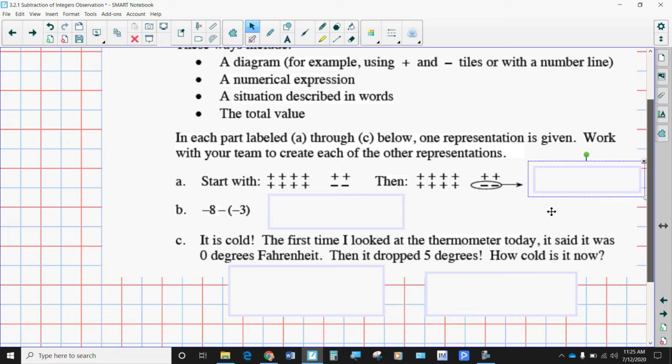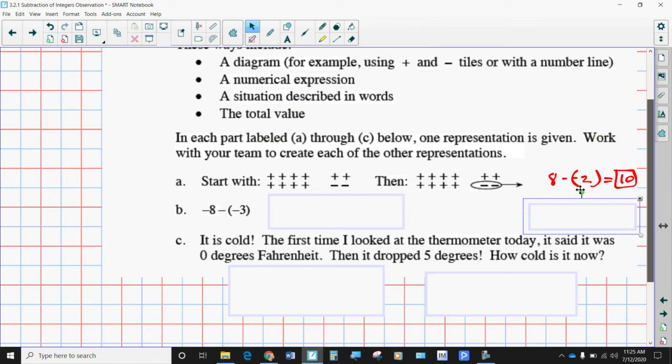So we started with 8, we took away 2 negatives, and what does that leave us with after those negatives are gone? You still have those 2 positives from the zero pair combined here with the 8 to give us a total of 10. So 8 minus -2, or when you start with 8 and you take away 2 negatives, you end up with 10 for your answer.